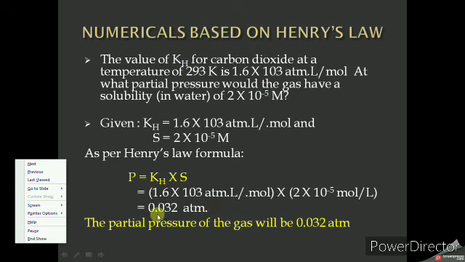So multiply, and we get 0.032. Don't forget to write the unit. So liter per mole and mole per liter get cancelled. Unit is atmosphere. So what is the partial pressure? It is 0.032 atmosphere.